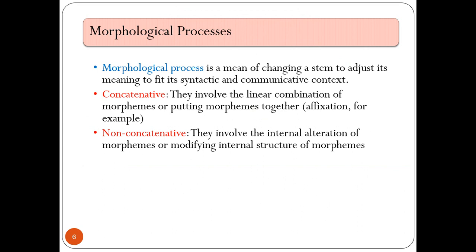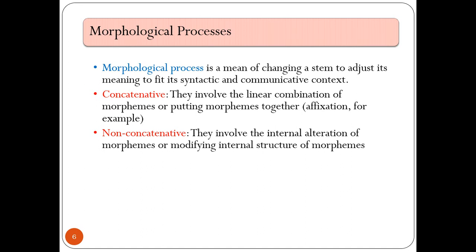A morphological process is basically a means of changing a stem to adjust its meaning to fit its syntactic and communicative context, its grammatical context. Okay, that's what we have. For example, go becomes goes.